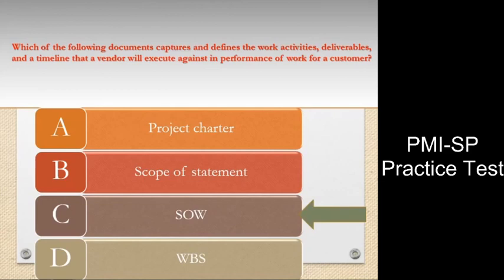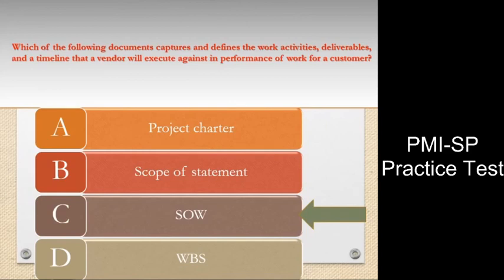Answer C. Explanation. A statement of work is a document that captures and defines the work activities, deliverables and timeline that a vendor will execute against in performance of work for a customer. Detailed requirements and pricing are usually specified in it, along with many other terms and conditions.